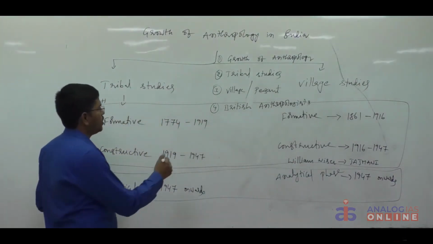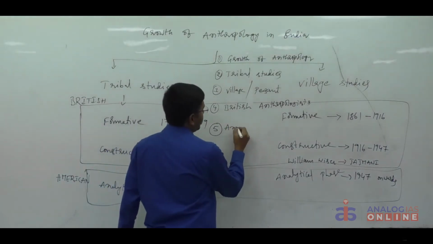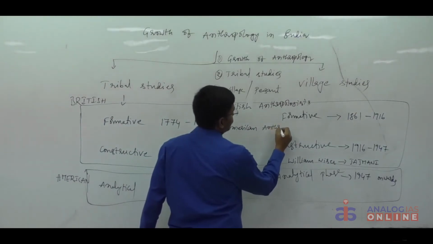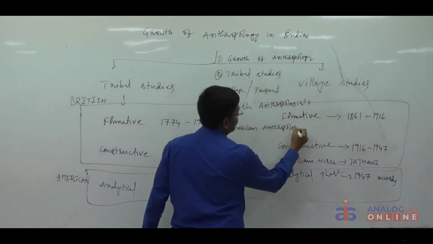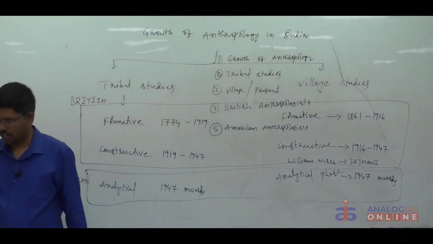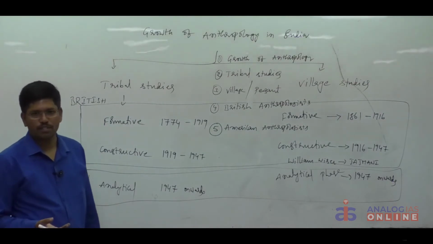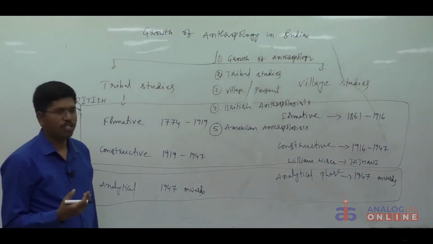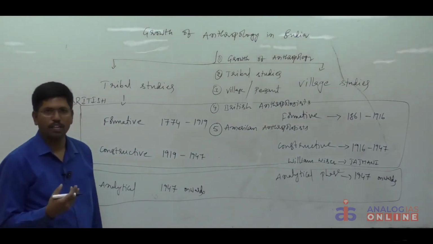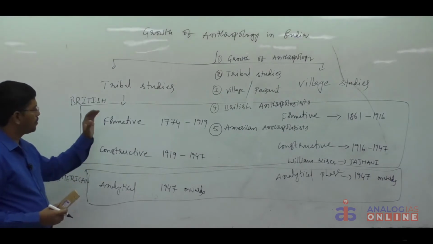Now another question is, discuss the contribution by American anthropologists for the growth of anthropology in India. Then you have to write, after independence, the contacts of Indian anthropologists with American anthropologists increased. That's why the contribution of American anthropologists to the growth of anthropology in India can be seen mainly in the analytical phase. Then put subheadings.